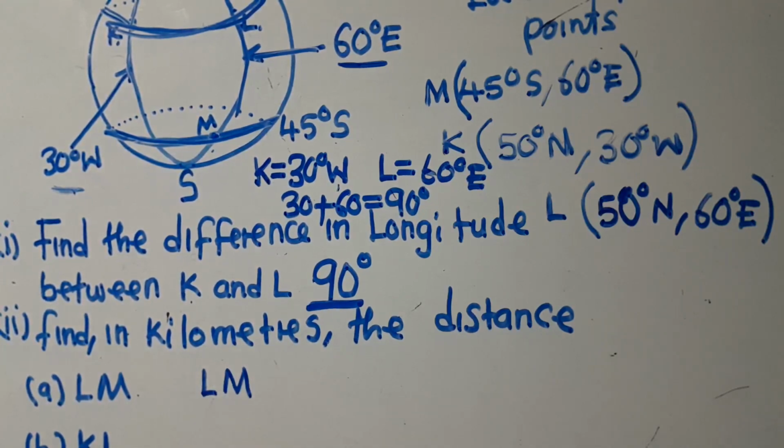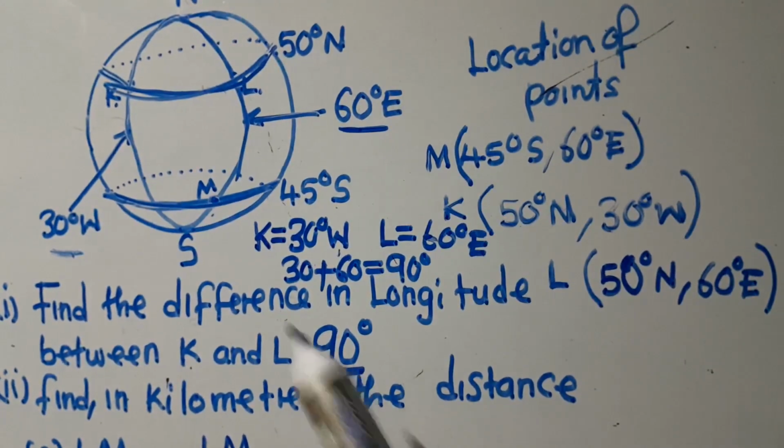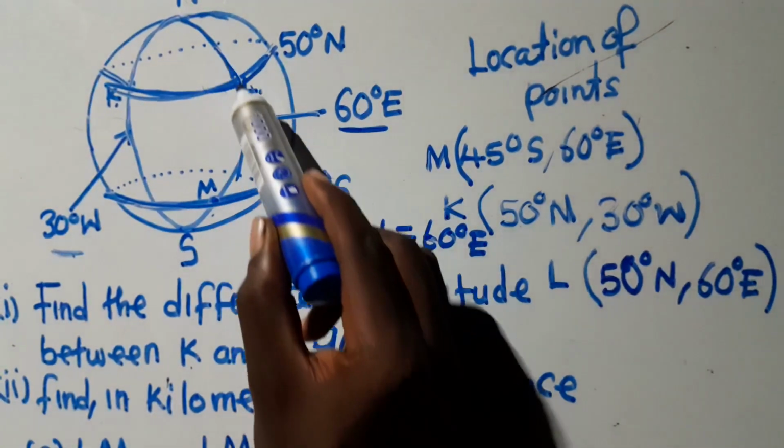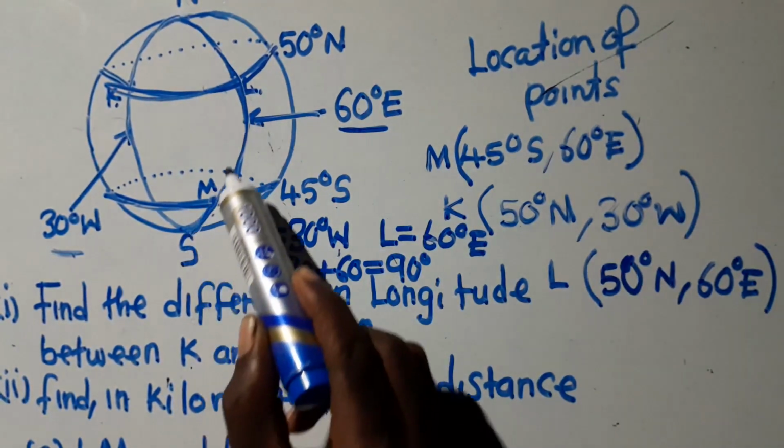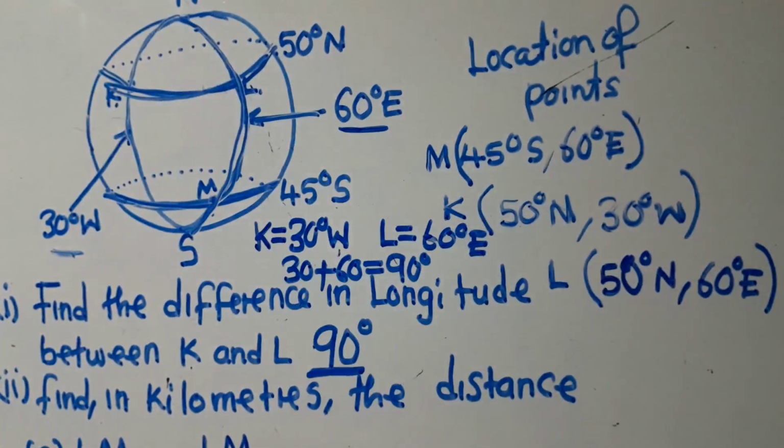Where is LM? LM is along the longitude. So we are calculating distance in the longitude. Whenever you are calculating distance in the longitude, there is a specific formula that you need to know and understand.